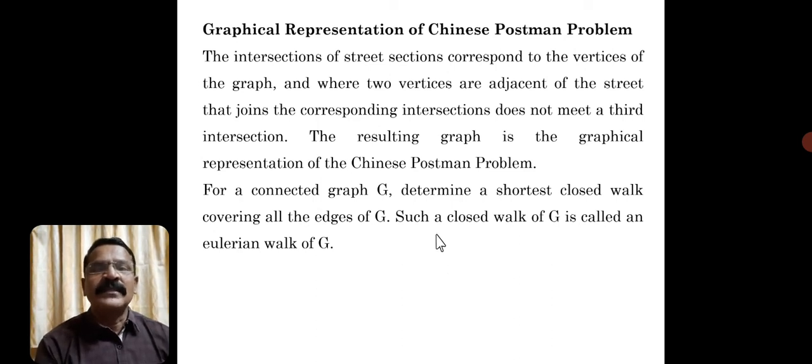It implies that to solve the Chinese postman problem, we need to find an Eulerian cycle, or you can say a closed walk, and that will be the solution for the Chinese postman problem. But to understand it in detail, we need to construct some algorithms, or refer to some books where we will get the application part of these.